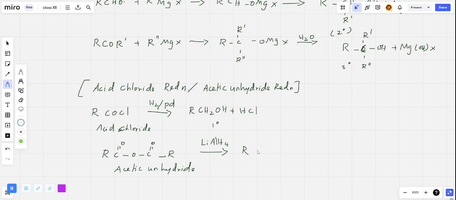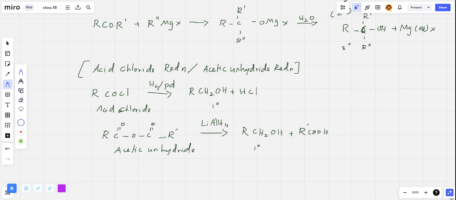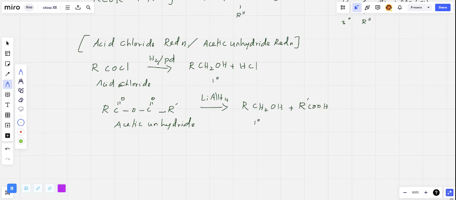So we'll get a primary alcohol, RCH2OH, plus RCOOH, a carboxylic acid also. So primary alcohol and acid. This is one reaction, which is not in your book.